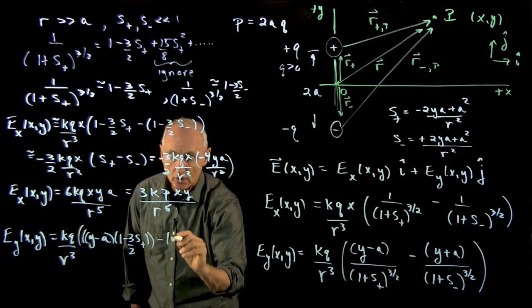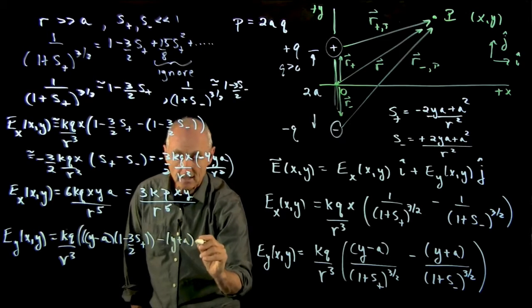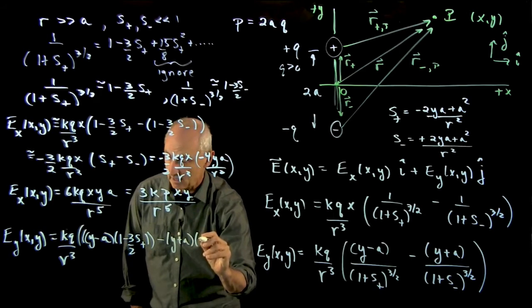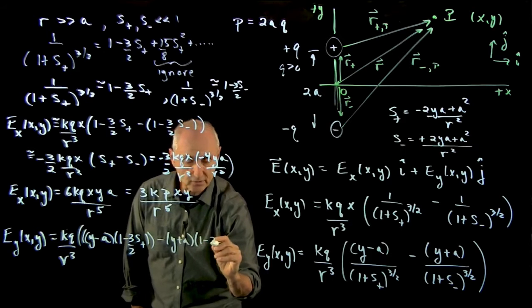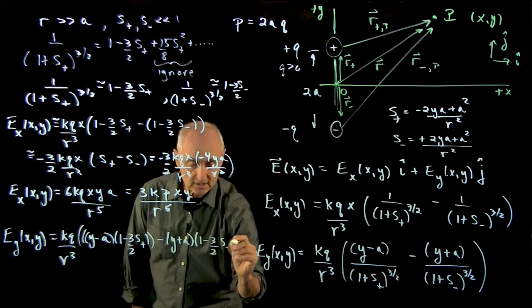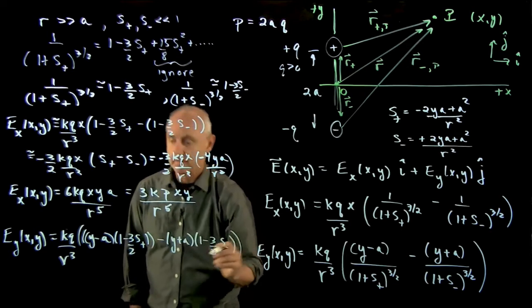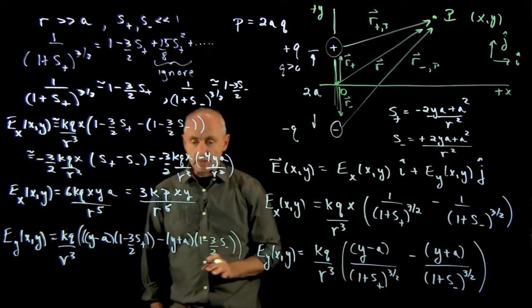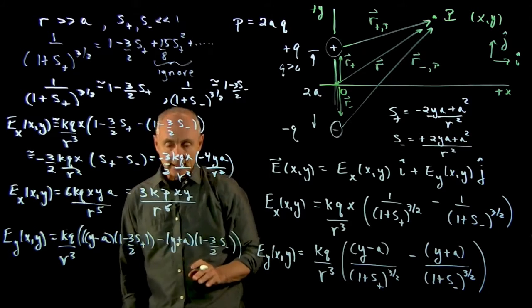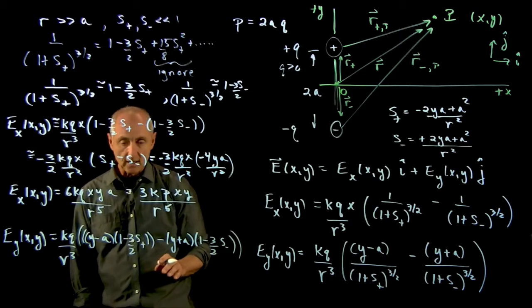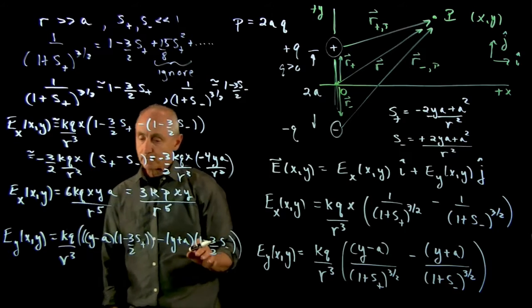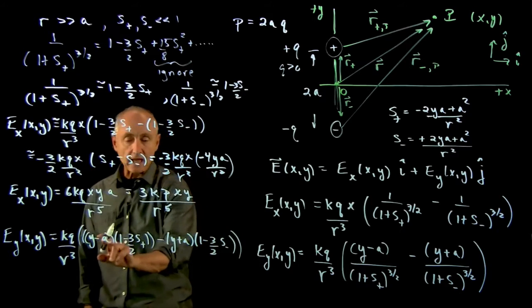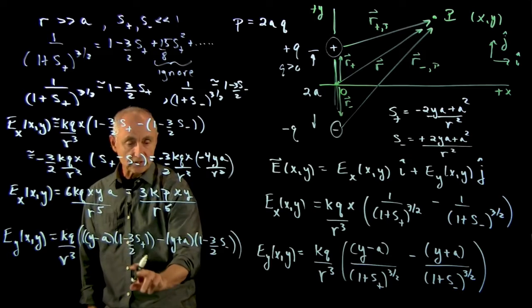A minus sign, 1 plus a times 1 minus 3/2 s minus. Now, this one's a little bit trickier. Let's just look at some of the things that appear in here. We really have to expand these terms.